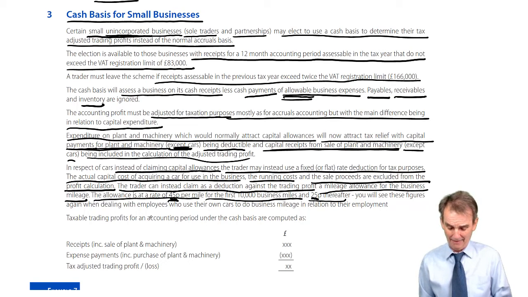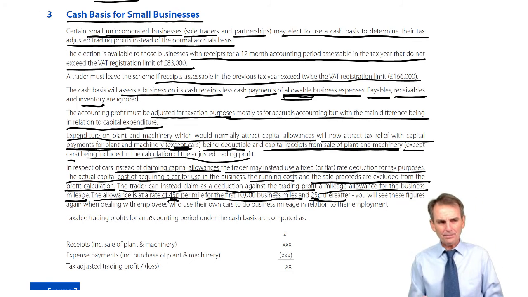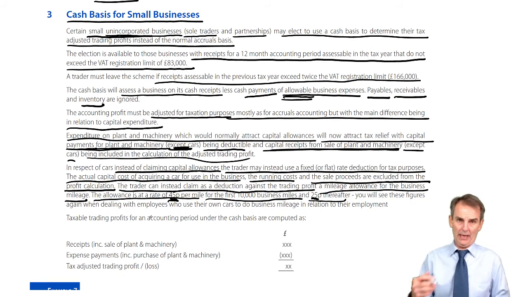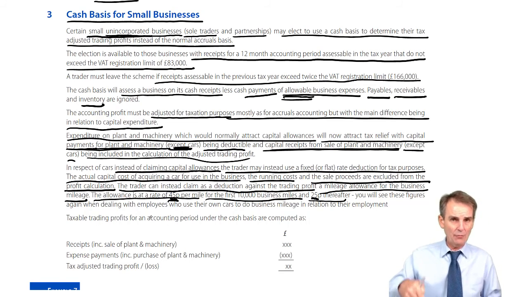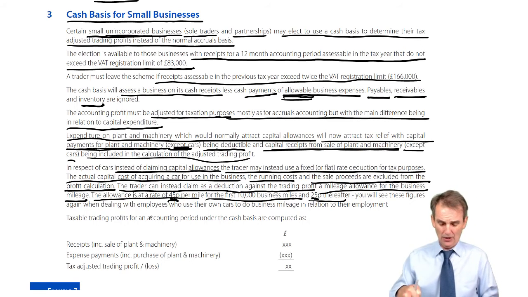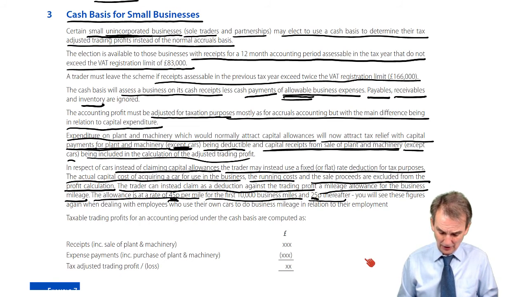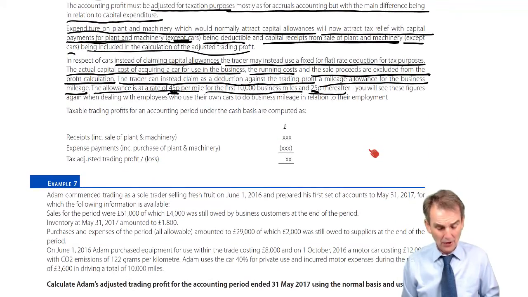They will be there. Now, again, in any question that we do, or that you're asked to do in terms of the cash basis, it will be this system that will be intended and required to be used in relation to how you get your tax relief using the mileage basis there. So how was it that we calculated our taxable trading profit?